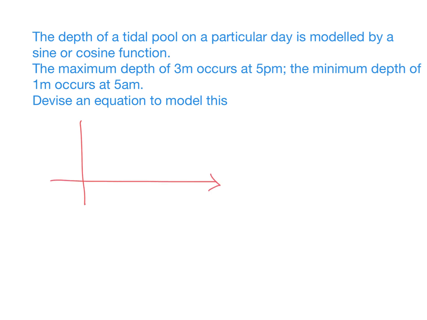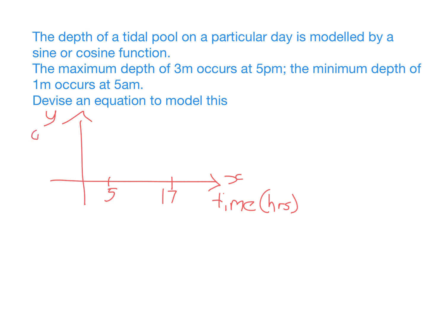So what we're going to do is along the x-axis, we're going to have the time, and we mean hours after midnight. So along the x-axis, for example, 5 would be 5 hours after midnight, 5 a.m. 17 would be 17 hours after midnight, it would be 5 p.m. And for y, we're going to have the depth.